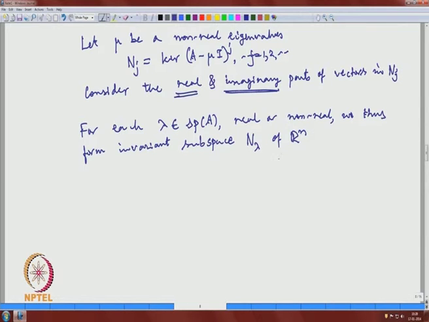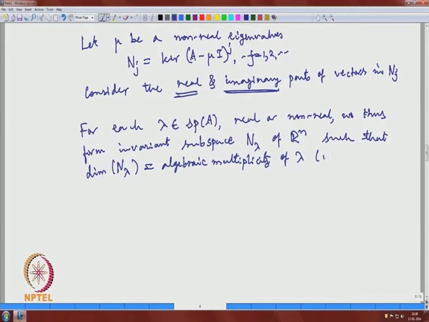This subspace is in Rn such that the dimension of N lambda is the algebraic multiplicity of lambda if lambda is real, otherwise it is 2 times the algebraic multiplicity if lambda is non-real, because that count has to be proper.